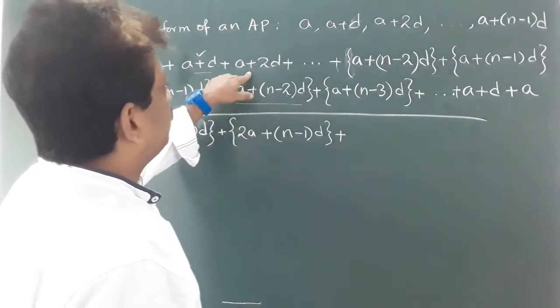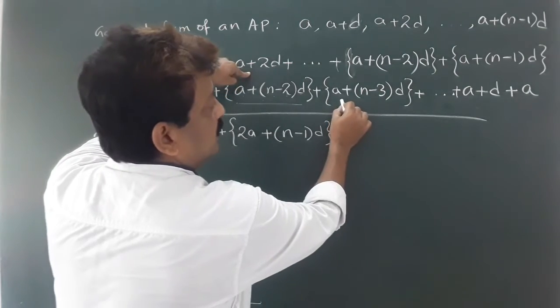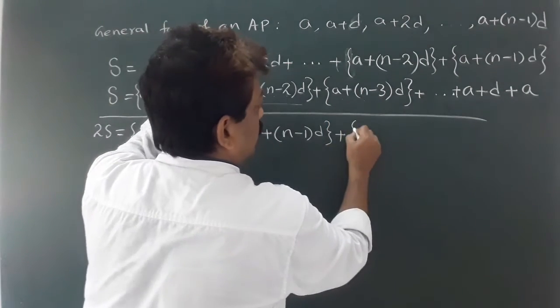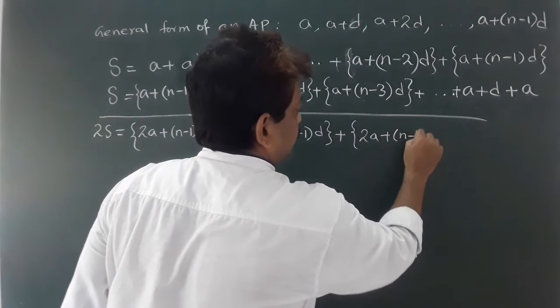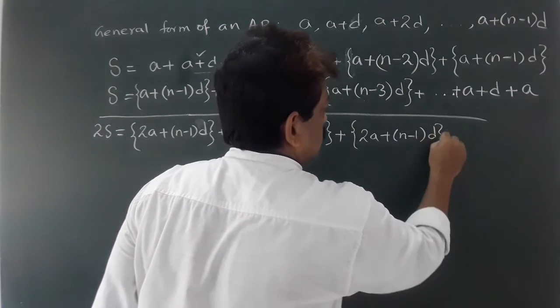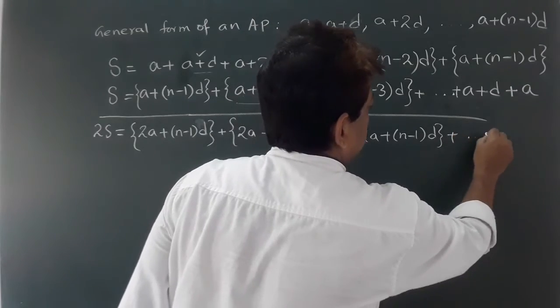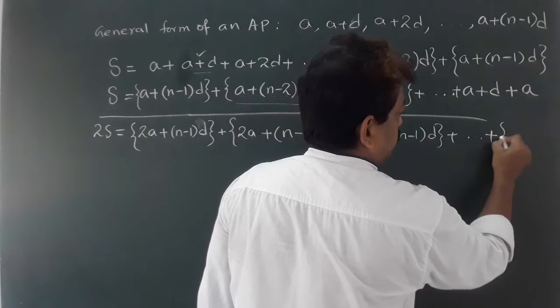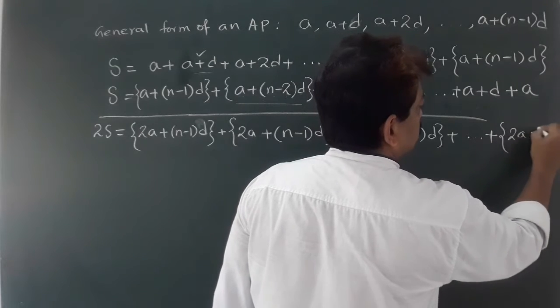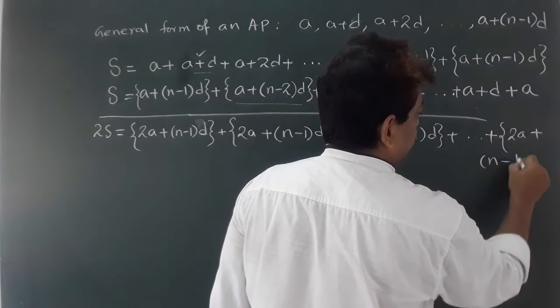Third term a plus 2d, and this third term a plus n minus 3 d will also become 2a plus n minus 1 d, and so on. The last term also will become 2a plus n minus 1 d.